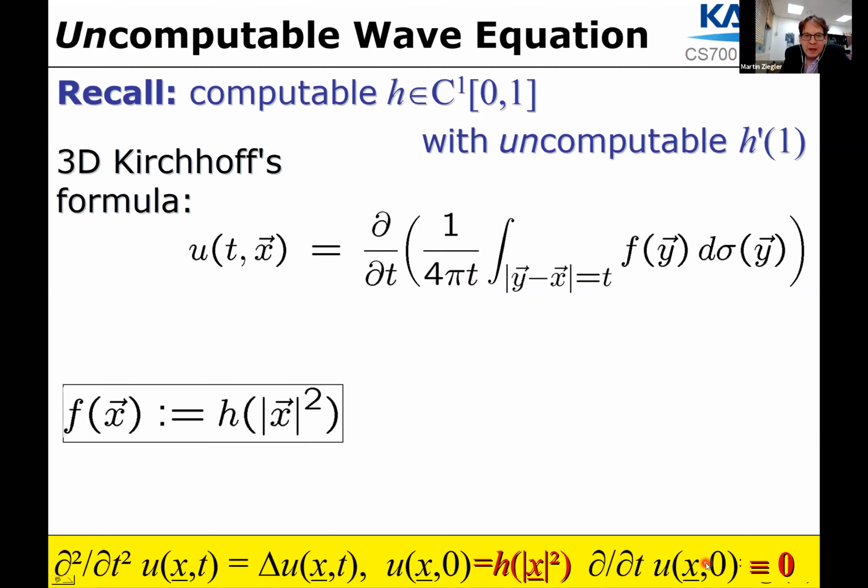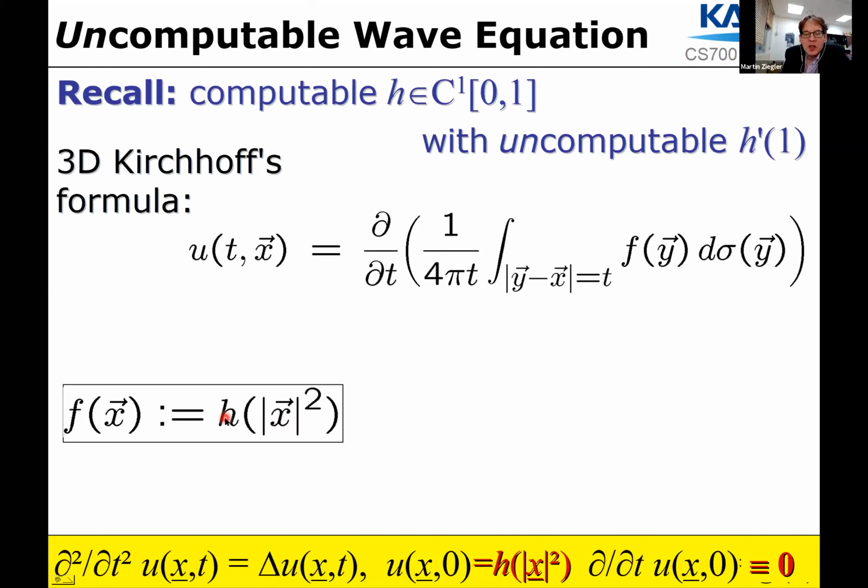So here are two temporal derivatives, so we need to specify the zeroth and first derivative as initial conditions. And using Myhill's counterexample, a one-dimensional function, we extend that radially symmetrically, right? That means the function value depends only on the length of the three-dimensional argument. So this is the three-dimensional wave equation we're considering here.